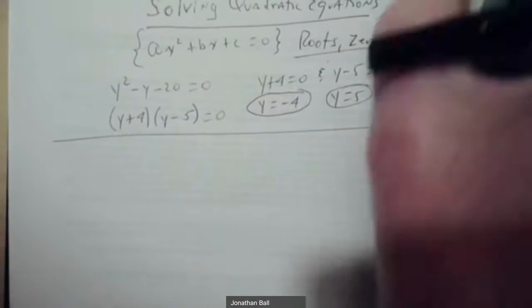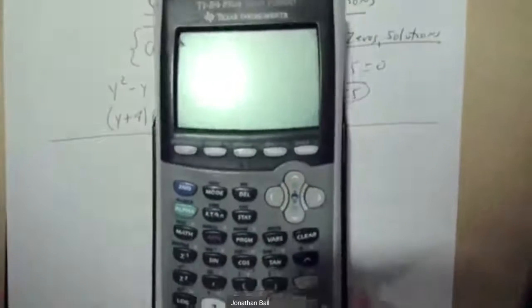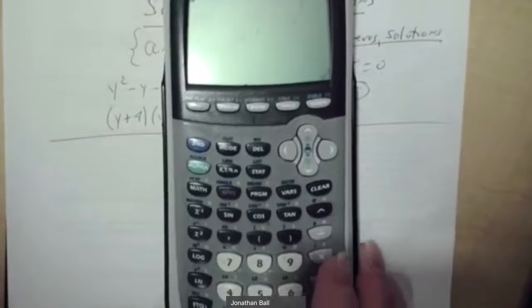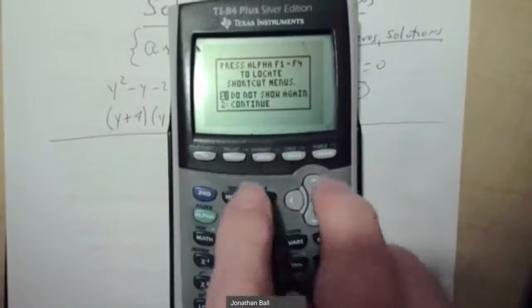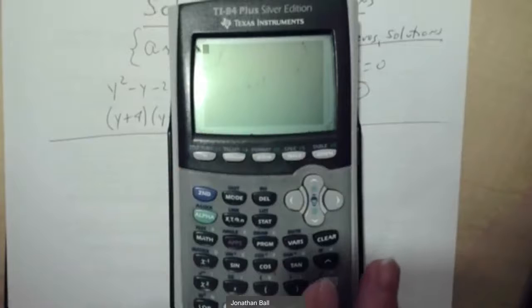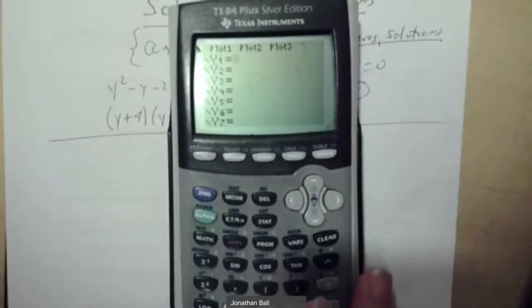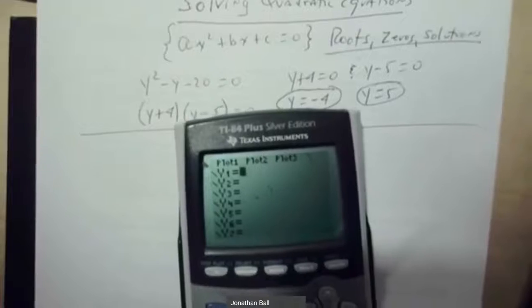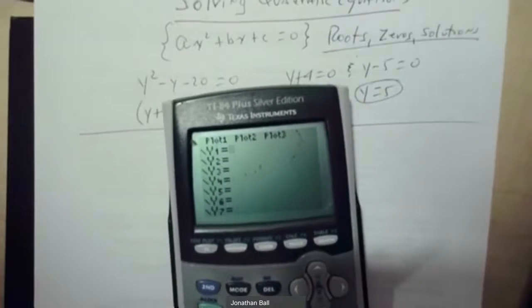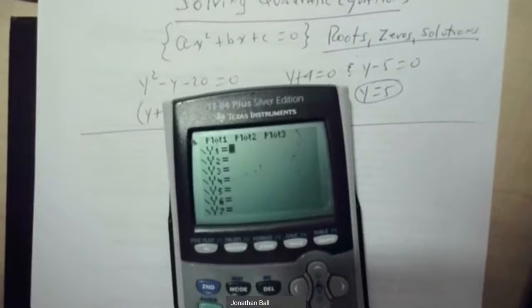And if you want to do this on your handy dandy graphing calculator, first thing is you turn it on, go to y equals, and we put in this equation, y squared. Now y is a variable, right?